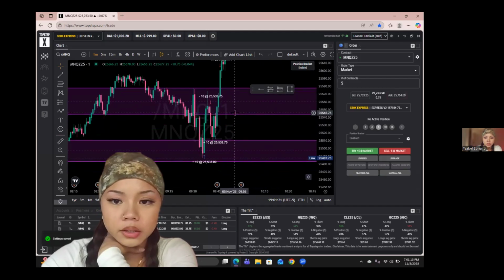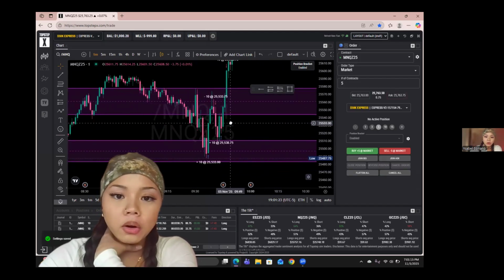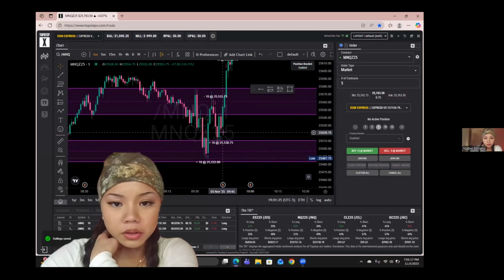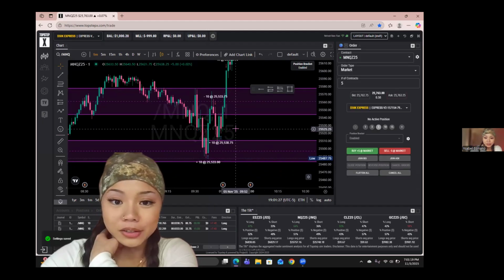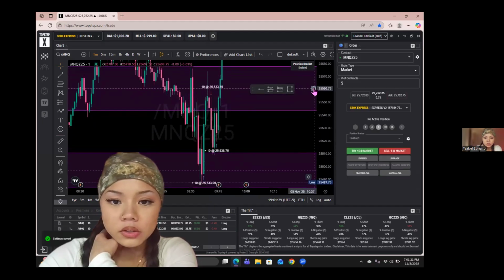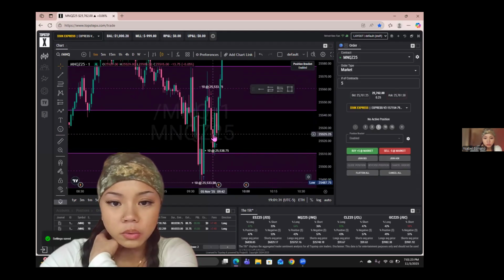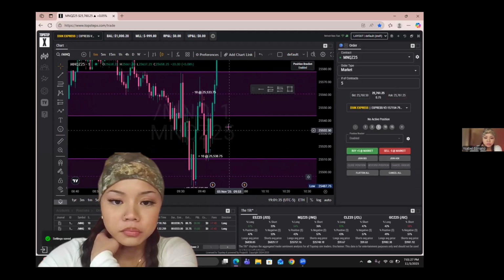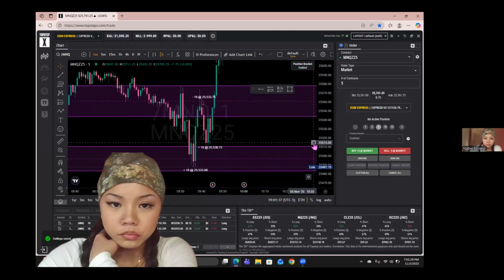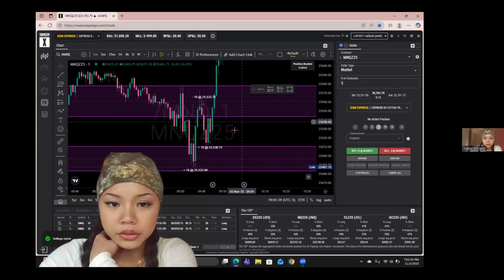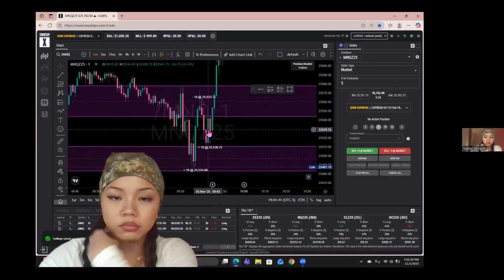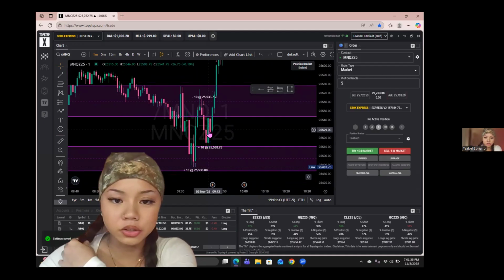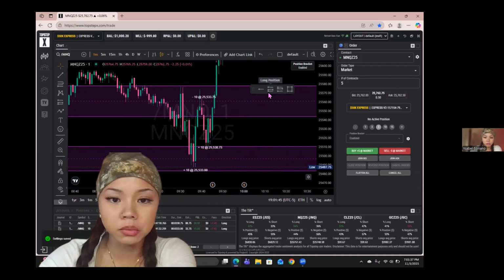And so I wait, and then I'm like, oh, it looks like we're testing the 1 hour again. And that's exactly what we do. Since there is no wick on this candle, I don't count it as a fair value gap. So I re-enter again off this change of state of delivery, but it's just a lot of volume.